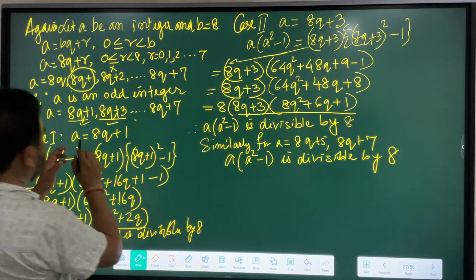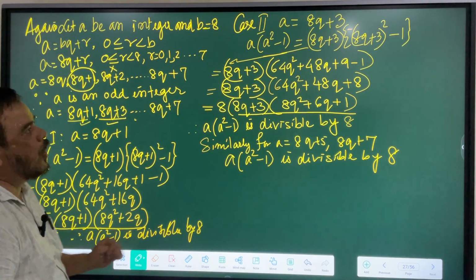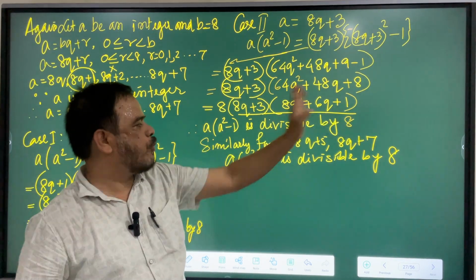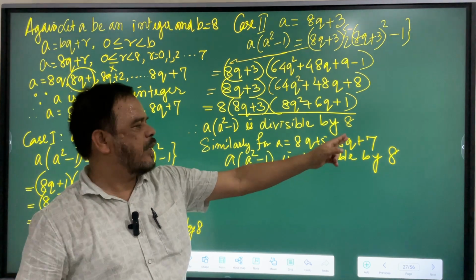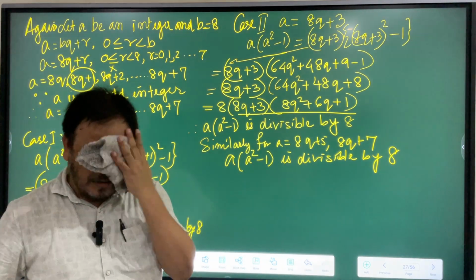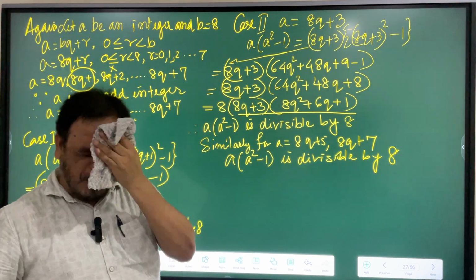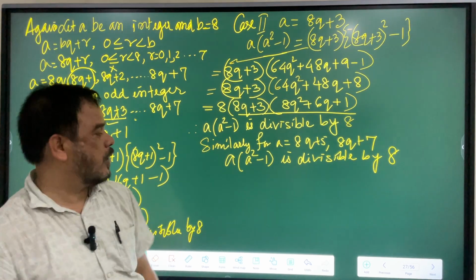For A equals 8 cube plus 1, we have proved. For A equals 8 cube plus 3, we have proved. So 8 cube plus 5 and 8 cube plus 7, we are not going to do again and again. It will take time and it will be a long sum. It is not required also.